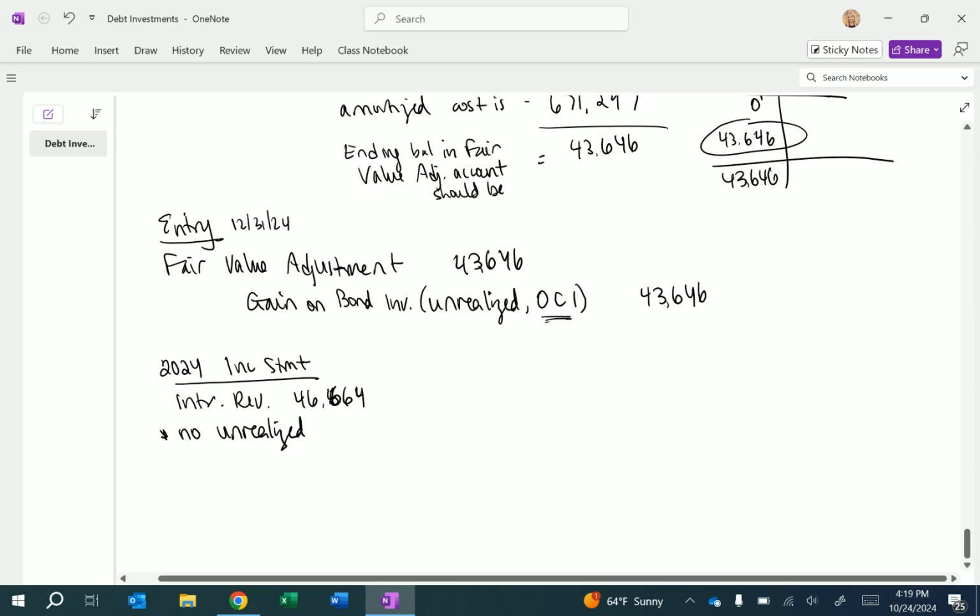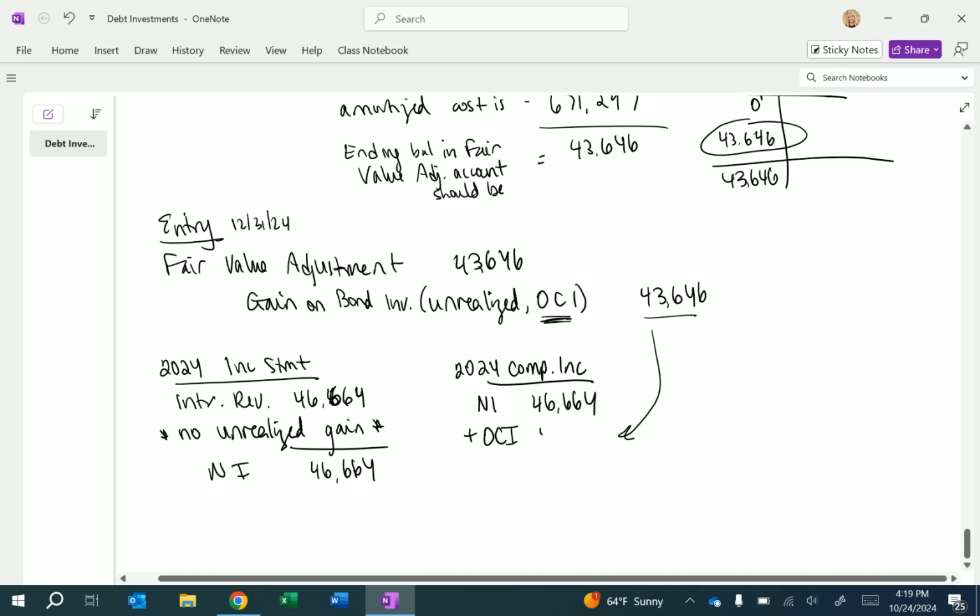We did, but it only goes to OCI, it does not go to net income. So net income is 46,664. We're going to add in this other statement, the 2024 statement of comprehensive income, which is net income, 46,664, plus, in this case, it's an income, not an other comprehensive loss, of 43,646.